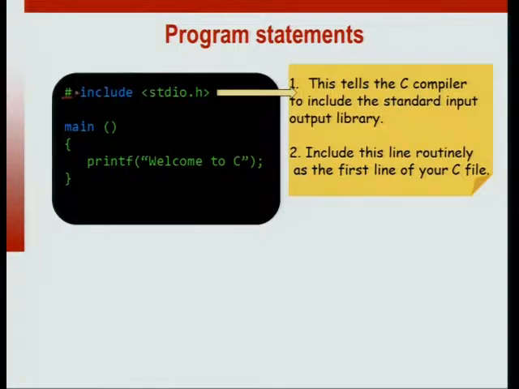And actually there is no space between the hash and the i. So hash include stdio.h. This line tells C to please include the standard input-output library. The standard input-output library has the print routines, which will print output messages onto the terminal.